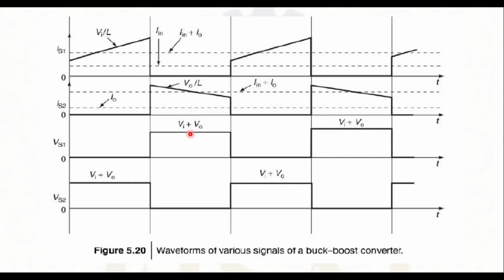That is represented here. Also, in the 1 minus D into Ts time, the voltage across switch S1 will be the total voltage Vi plus Vo. At the same time, switch S2 will be closed, therefore there is no voltage across S2.